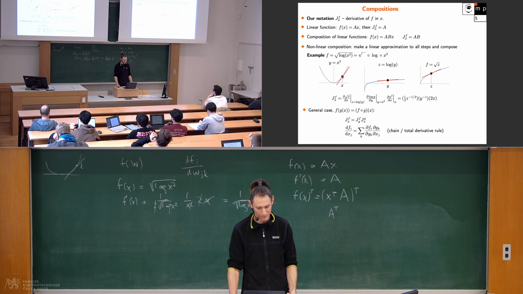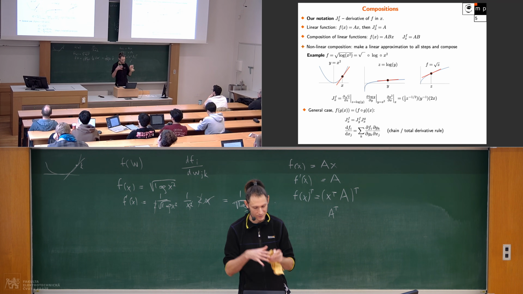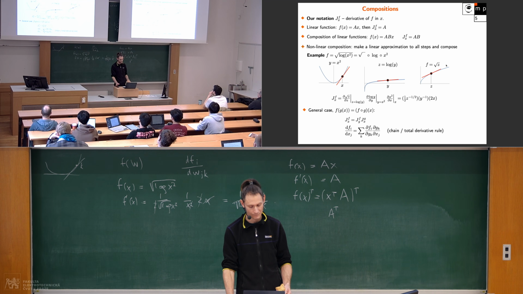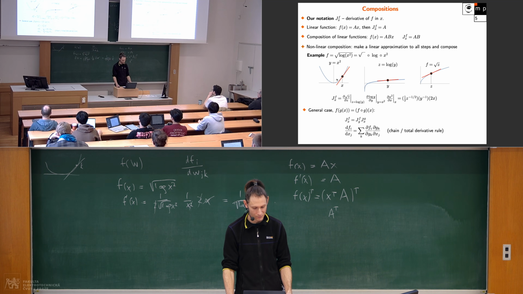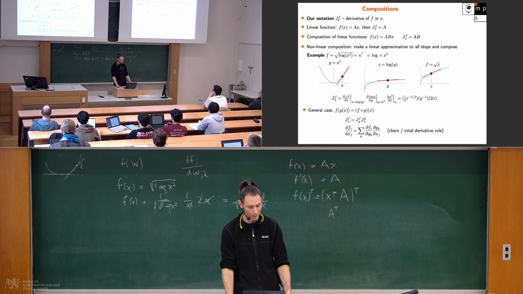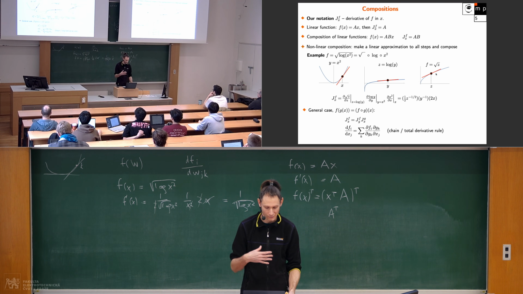We take some argument and evaluate this composite expression inside out. We compute x squared, then we compute the logarithm of that, and then the square root of that. Now we view it as a composition of these three functions, and each of these functions we approximate linearly at the current point. And then the derivative is a product of the slopes. So this is basically our algorithm.